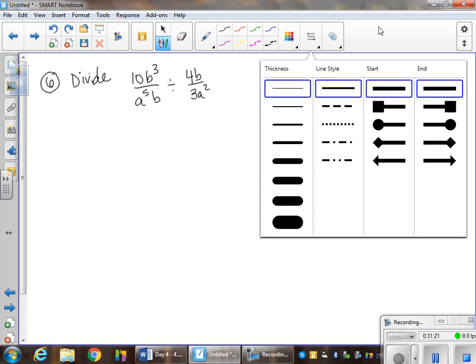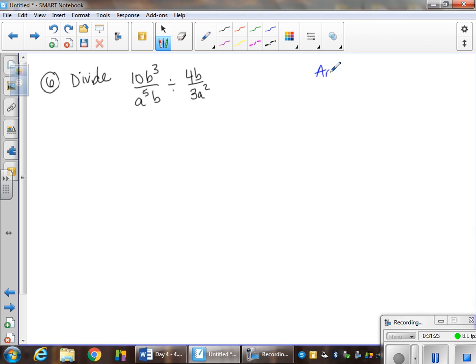Because, let's go back to arithmetic. If I asked you to divide 10 over 7 by, let's see, I don't know, 3 over 14, hopefully you would immediately think, keep, change, flip, right?